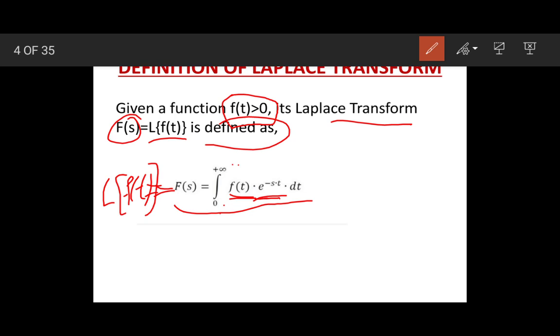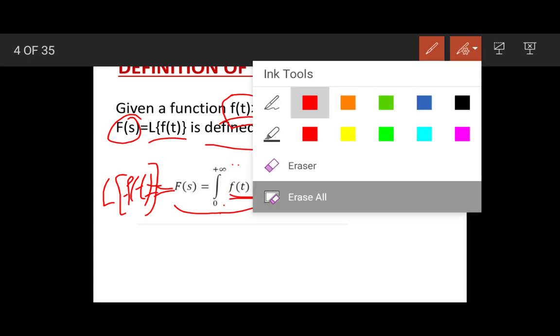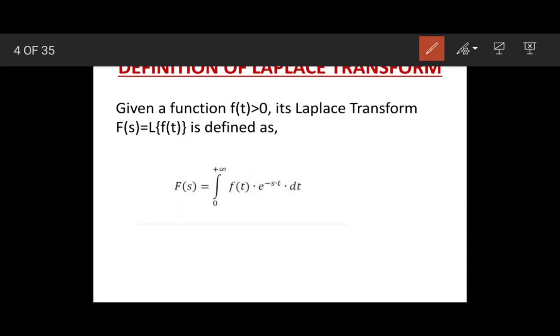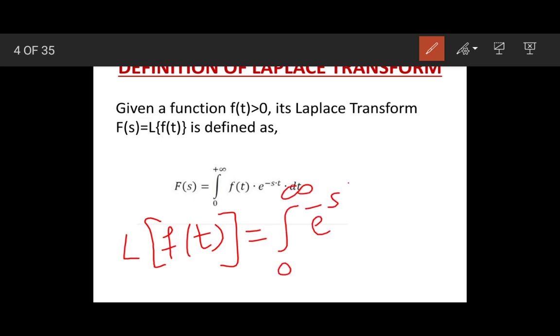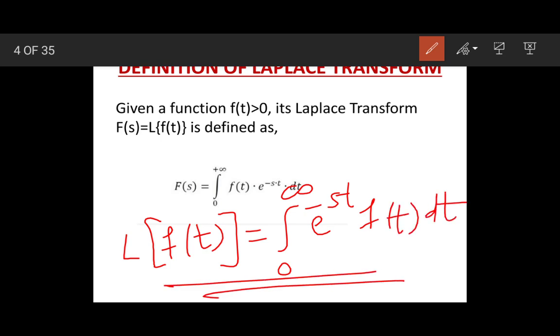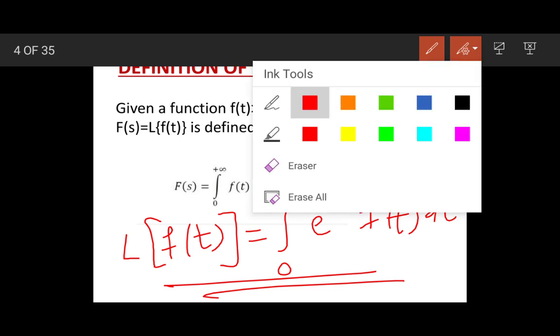This is the mathematical definition of Laplace transform. Once again, by definition, we can write the Laplace transform of the function f of t as the integral from 0 to infinity of e raised to minus st f of t dt.